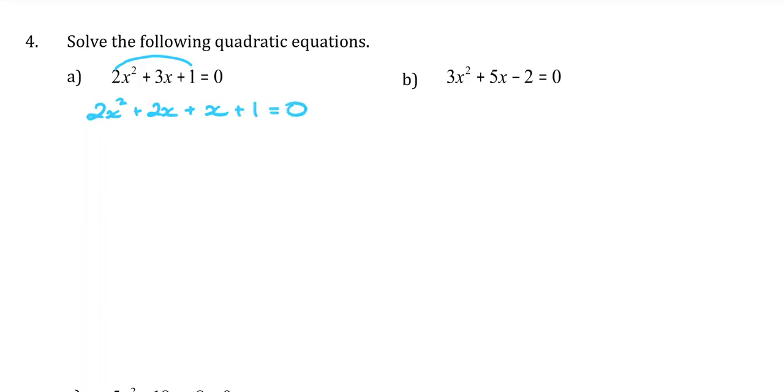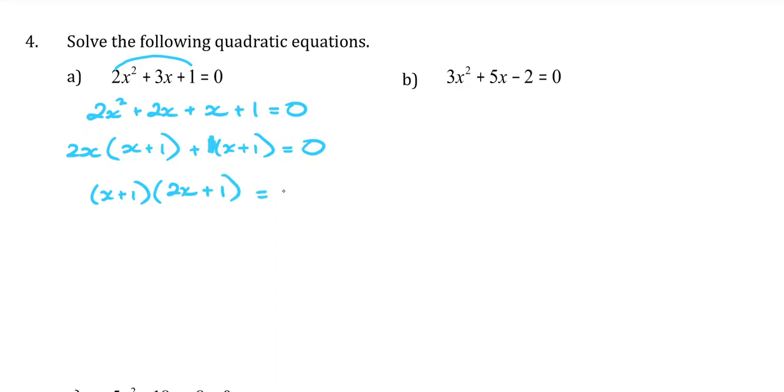Then I take the first two terms, factorise out a 2x, which would be x plus 1. And then the third and the fourth term is already an x plus 1, which means I can take the x plus 1 out as a common factor and have 2x plus a 1 that would be hiding in front of that second bracket to factorise it.